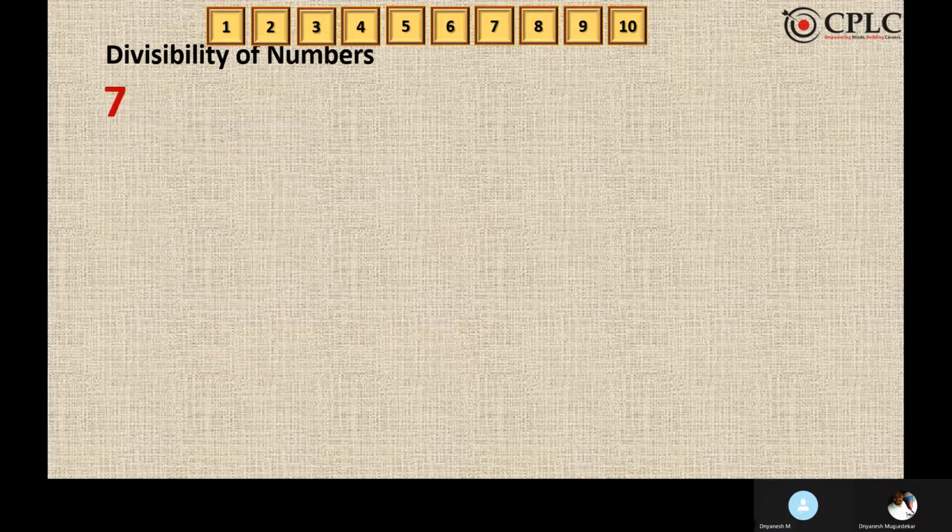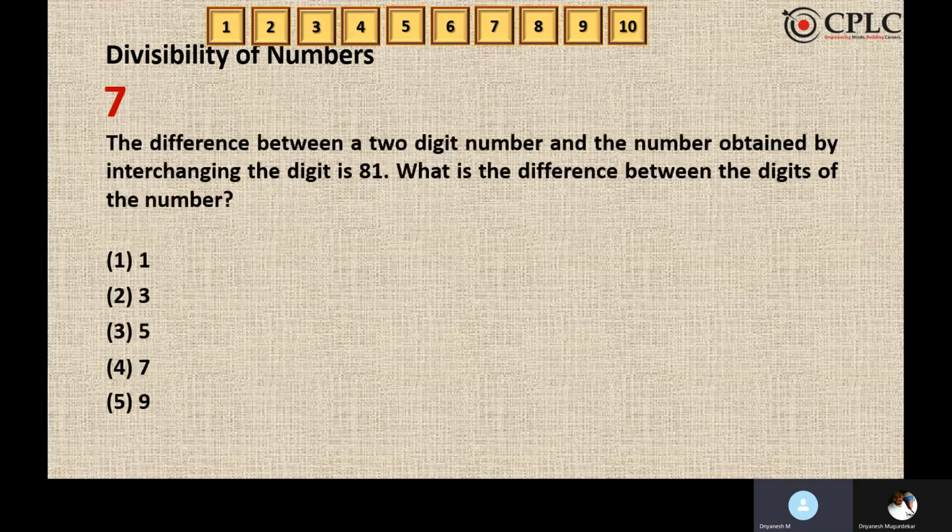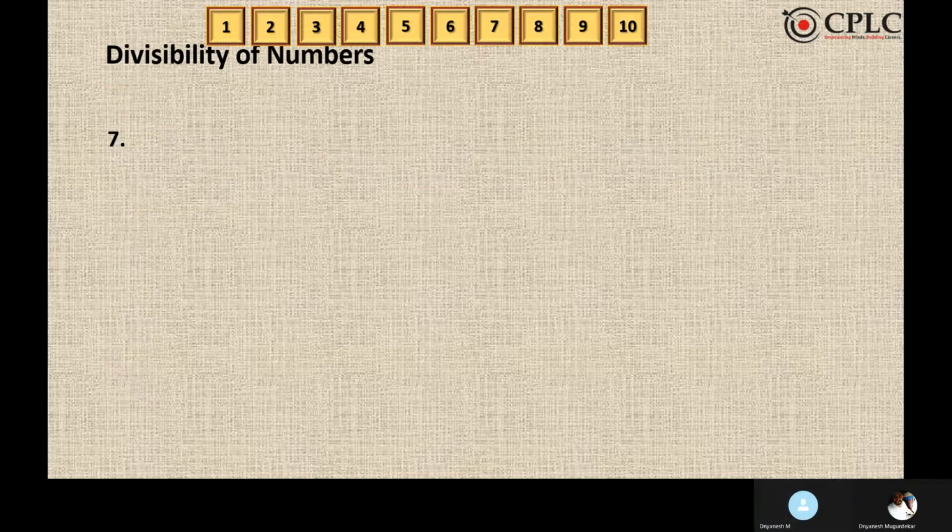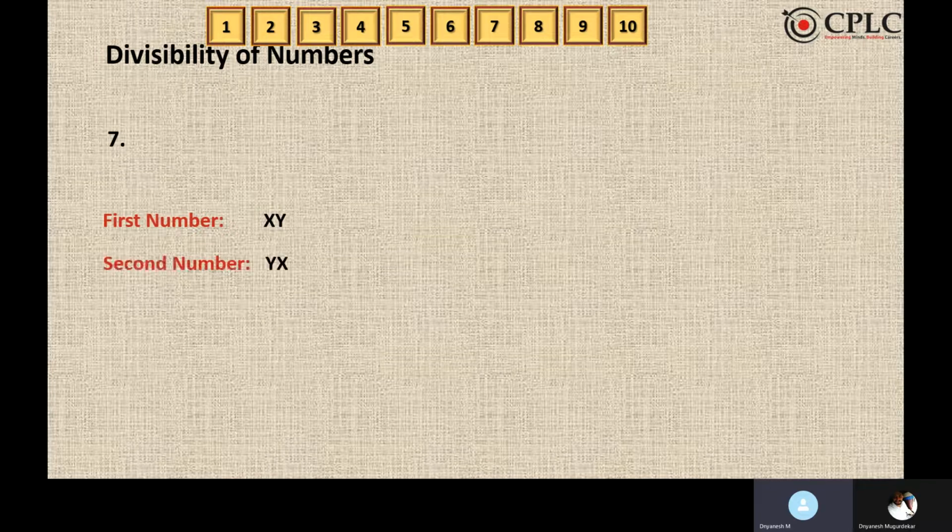Seventh one. The difference between a two-digit number and the number obtained by interchanging the digits is 81. What is the difference between the digits of the number? So consider an original number xy and the number obtained after reversing is yx. Their difference was 81. So let's consider the place values. For the first number xy it will be 10x plus y.